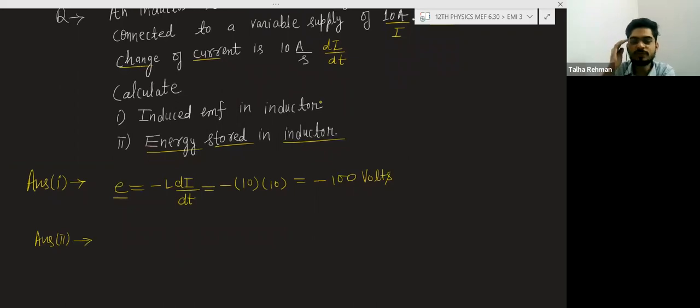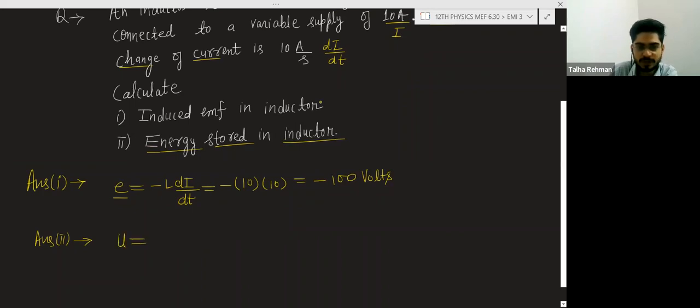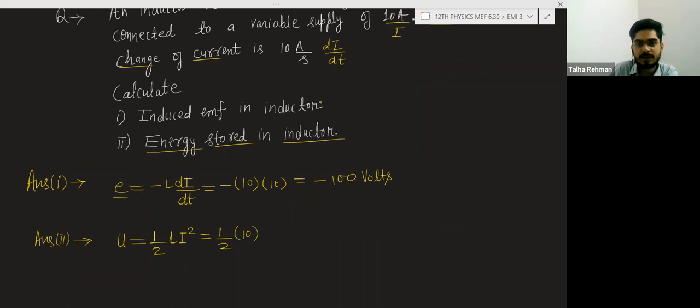So what type of energy is stored in an inductor? Magnetic energy is stored in an inductor. So you will write this formula. Energy stored in an inductor is given by half Li square. So half, L is 10, current is also 10, 10 square.